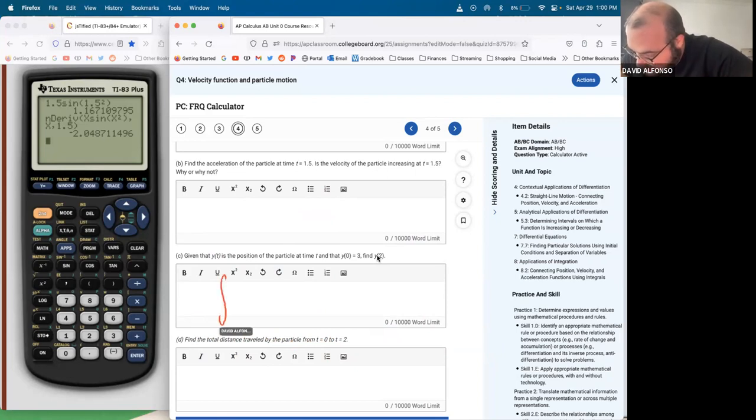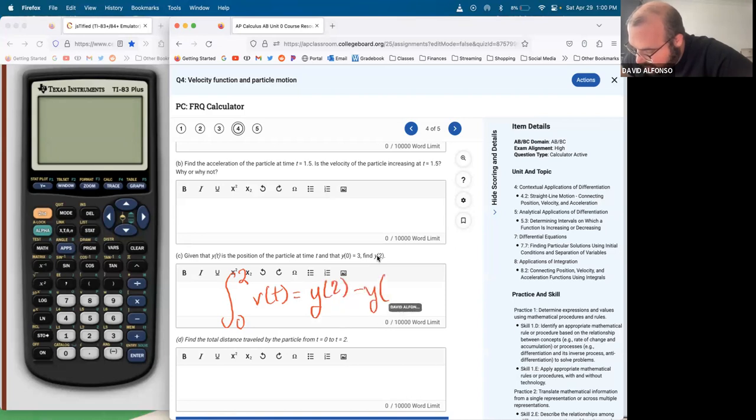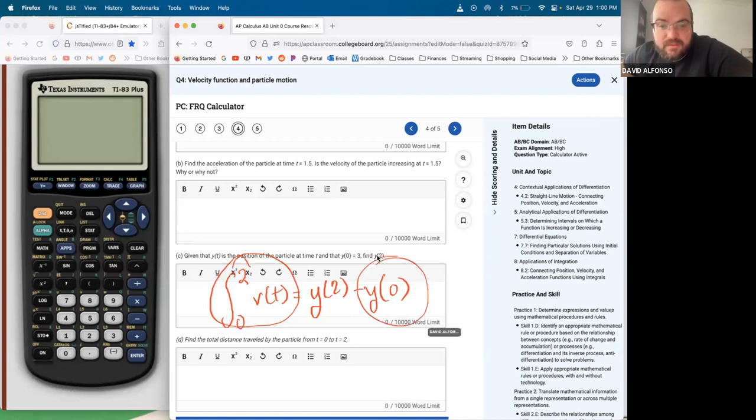So basically what I would say here is from 0 to 2, this would be equal to y of 2 minus y of 0. They're telling you that y of 0 is 3, and you can do this on your calculator, and you already know what this is. So because of that, you can solve for y of 2.